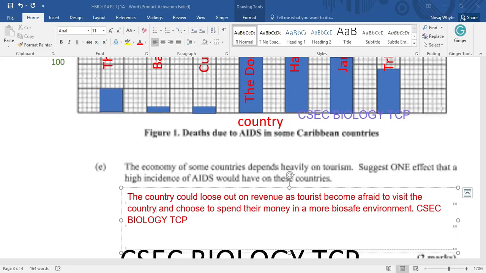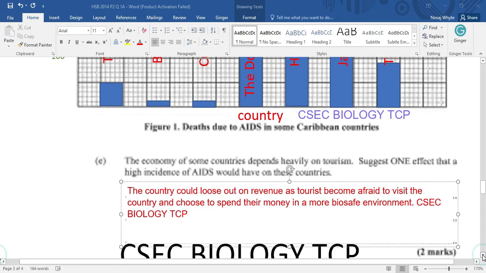So persons wouldn't want to come into an environment where they're not sure that their caregiver, the customer service rep, the team that will be working with them, are ill. So persons might choose to spend their money in other locations where they are more comfortable, where they are safe, where they are sure in some cases that they will be reaching back home safe. So that's our view there.